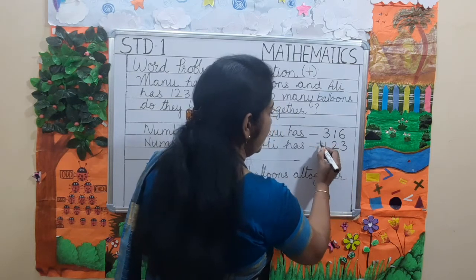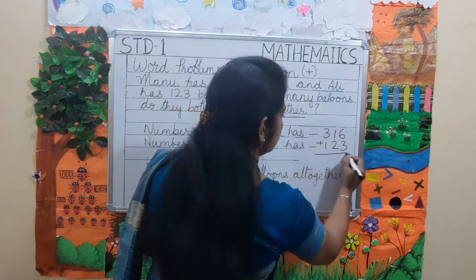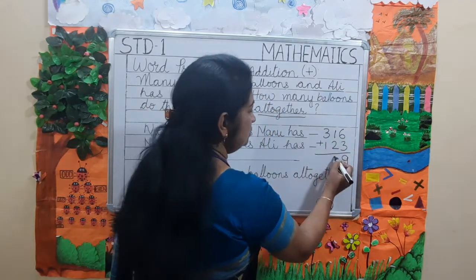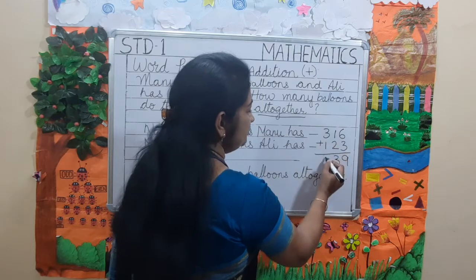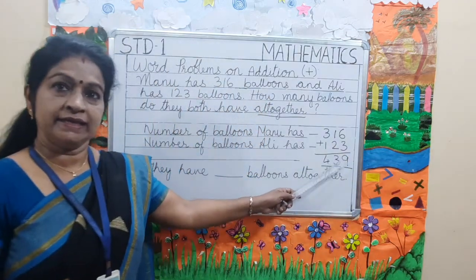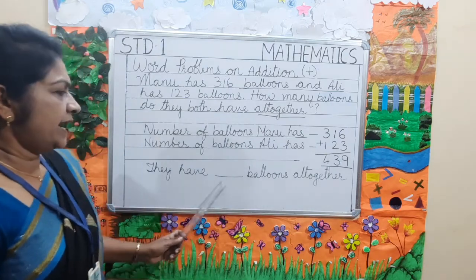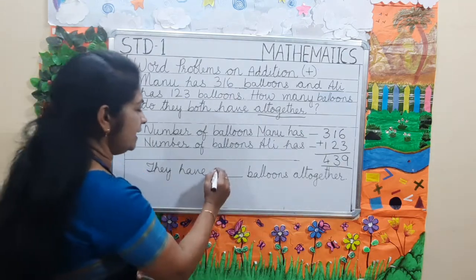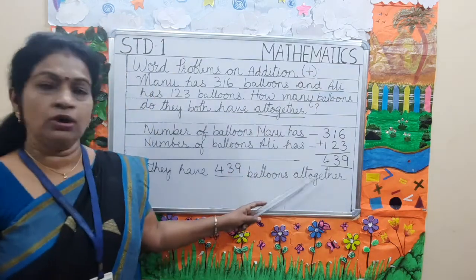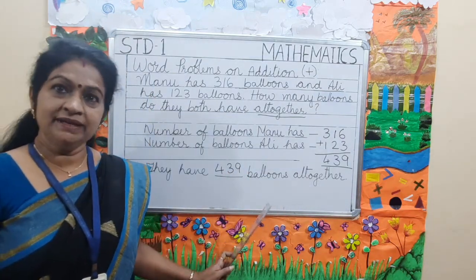So you will add it. 6 plus 3, 9. 1 plus 2, 3. 3 plus 1, 4. So 439. So they have how many balloons? 439 balloons all together.